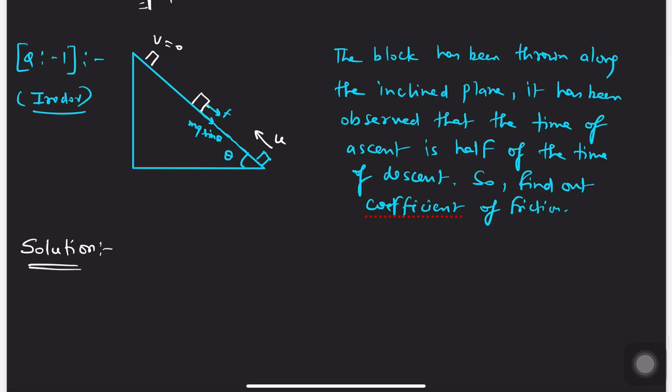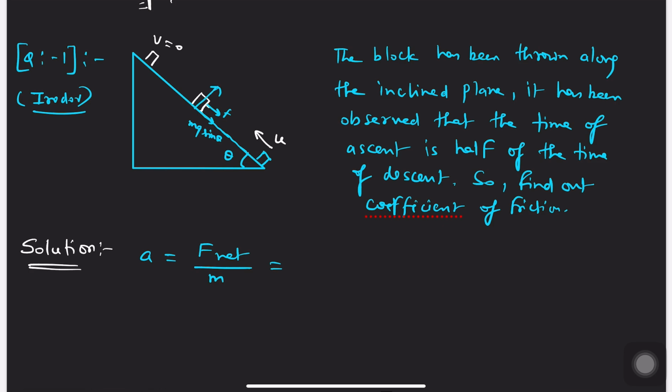In this case, if I write down the deceleration value, the deceleration will be F net divided by m, in the downward direction. The normal force is mg cos theta, and the friction force will be mu into N, where N is mg cos theta.